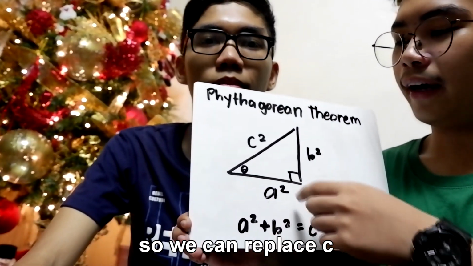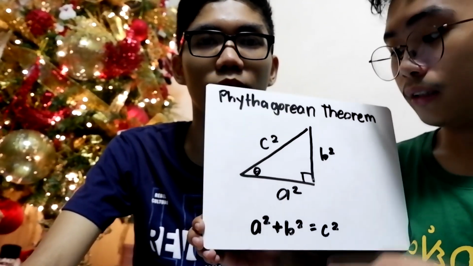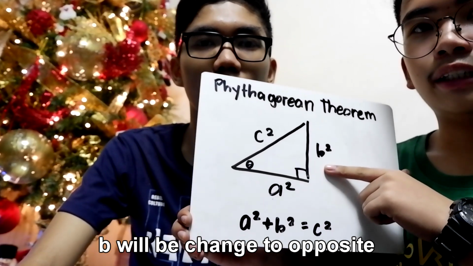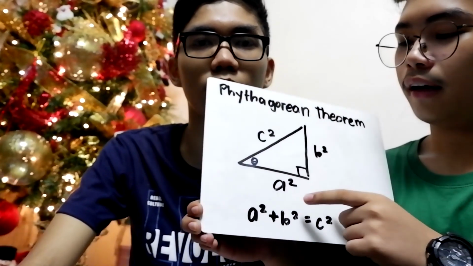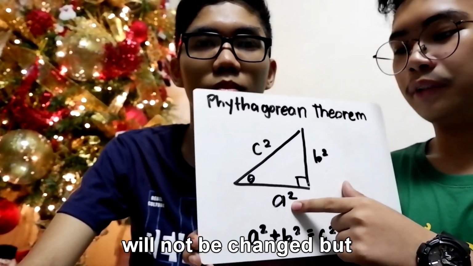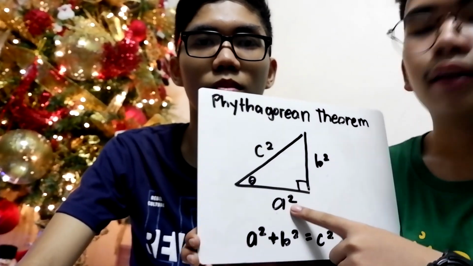So we can replace c by letter h for hypotenuse, b will be changed to opposite or letter o, and a will not be changed but will have a meaning of adjacent side.